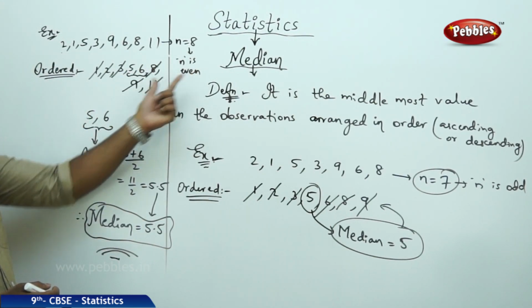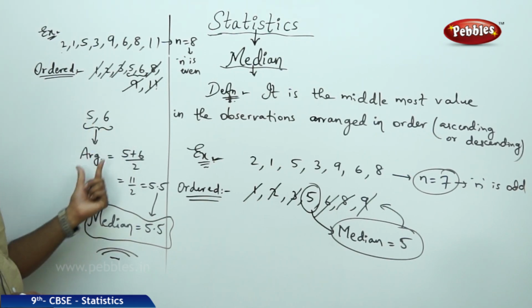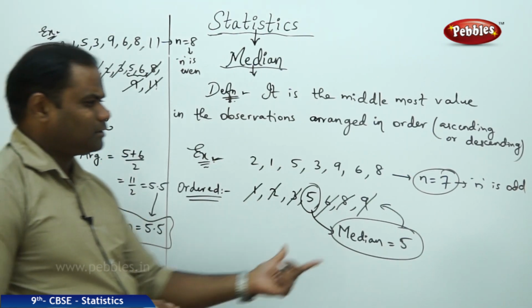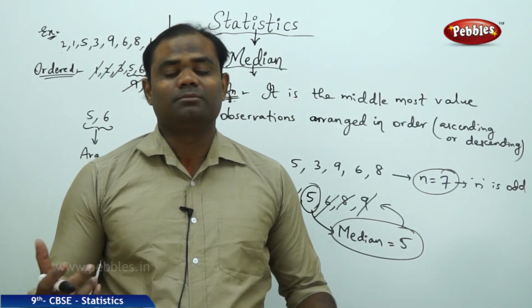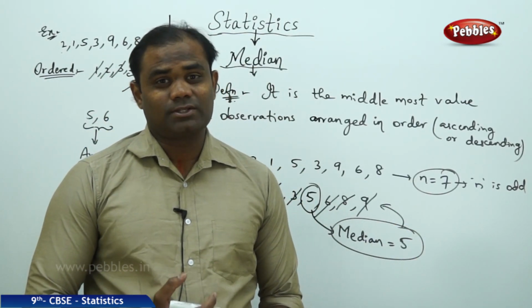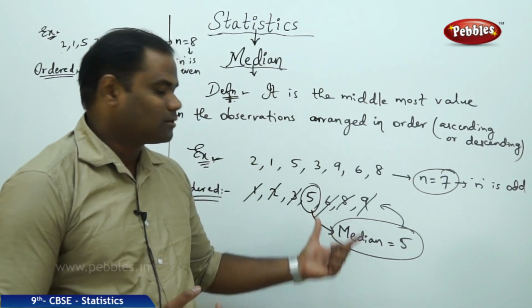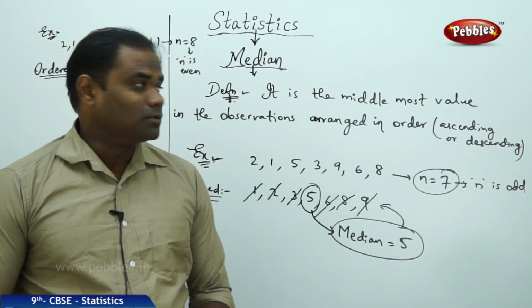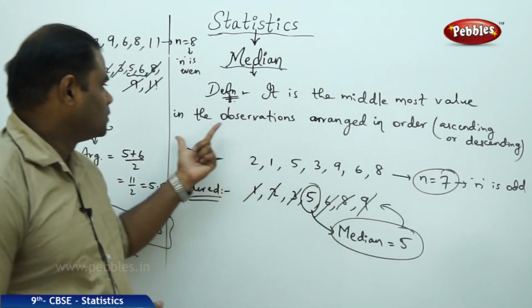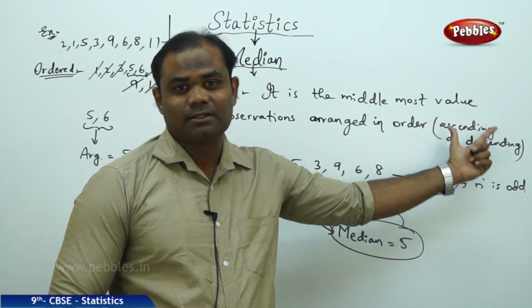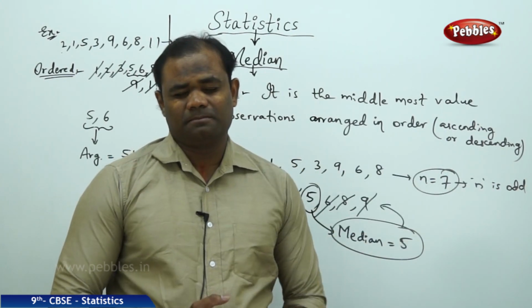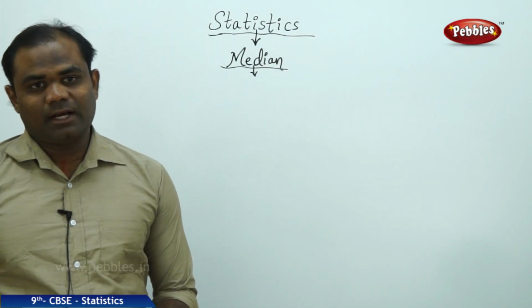So whenever n is even, we get a tie and we take the average. Whenever n is odd, we get only 1 single observation, which is the median. It's how we understand the concept of median being the middlemost value in the observations arranged in either ascending or descending order.